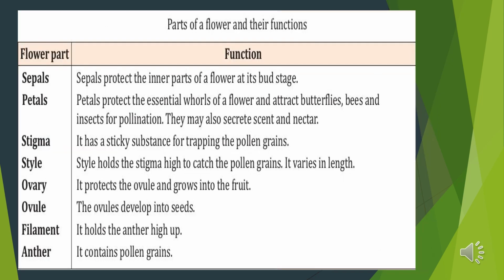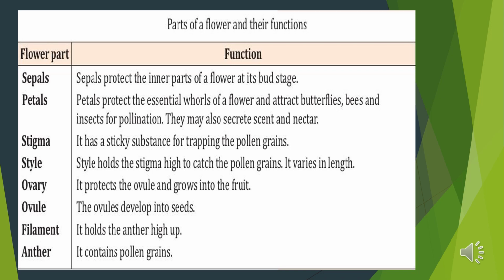In this table, we will study flower parts and their functions. Sepals protect the inner parts of a flower at its bud stage. Petals protect the essential whorls of a flower and attract butterflies because they are very beautiful, scented and of different colors. So that's why they attract insects for pollination.